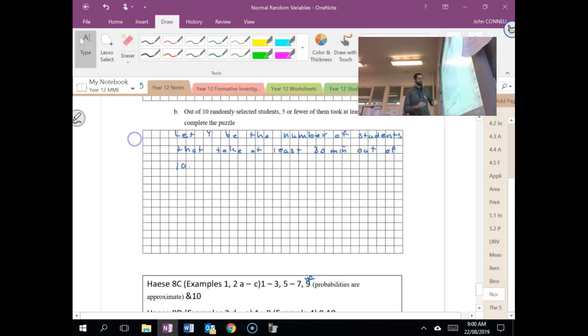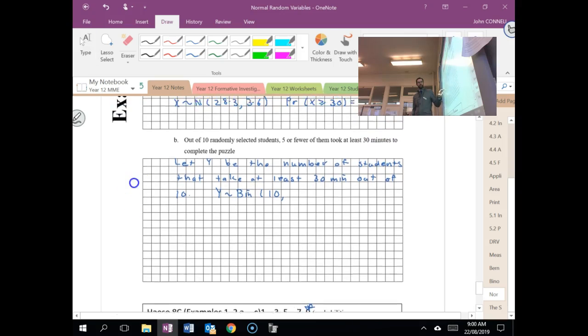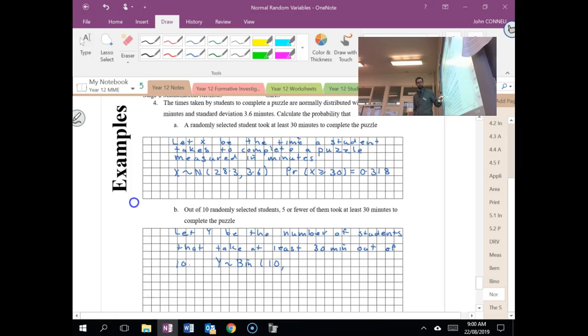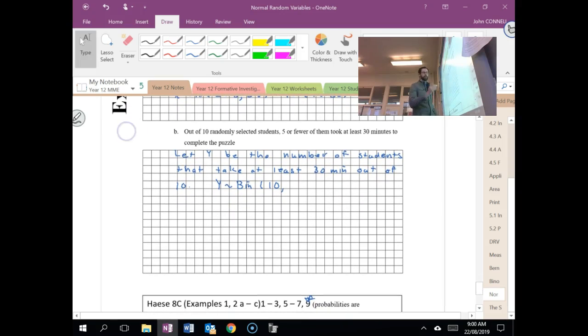So in this case, y is binomially distributed. N is 10, that's our number of trials because that's our number of students. And then P, the probability of success, the probability that one student is going to take at least 30 minutes, we've actually just worked out. We worked it out in part A, and it's 0.318.